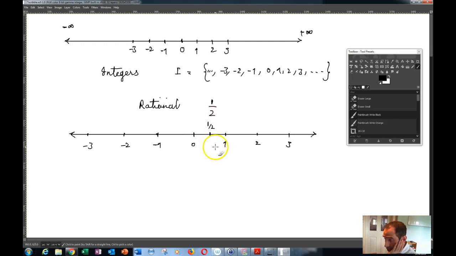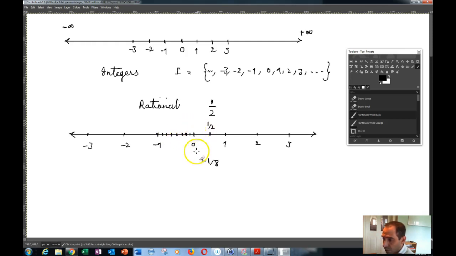For example, if you want to represent the number 1/8 or -1/8, since it's a negative number between 0 and -1, you have to divide the distance between 0 and -1 into 8 equal distances. So this is 1, 2, and 3 over here, and 1, 2, 3, 4, 1, 2, 3, 4.